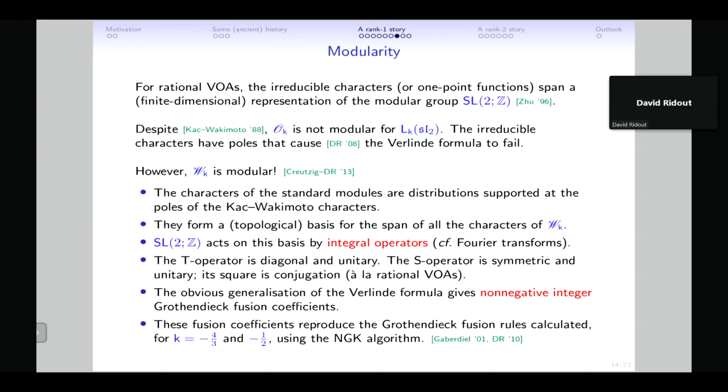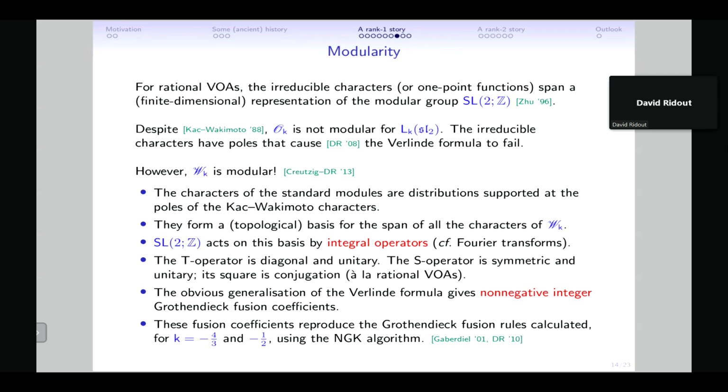And so buoyed by this success, you say, let's try the Verlinde formula, but now instead of having a sum over all my irreducibles, I'm going to have to integrate over them. You do so, and you end up with fusion coefficients, which are non-negative integers. Right? The Verlinde formula does work, but only if you work with the weight category. Right? And that's why I say that this is a modular category.